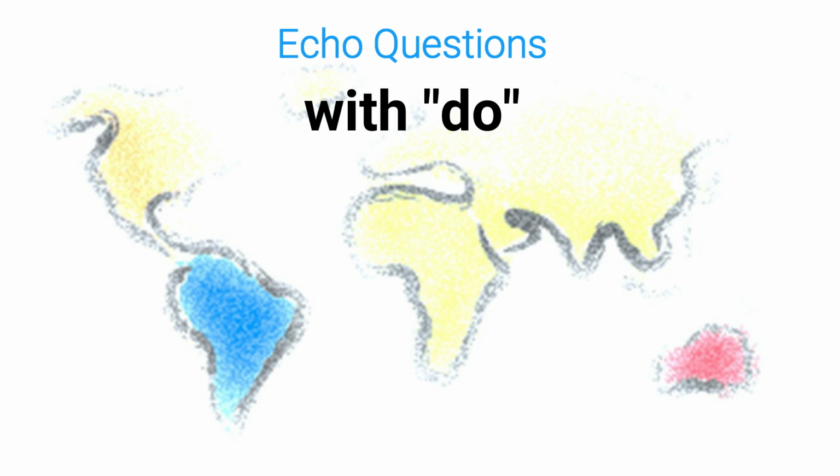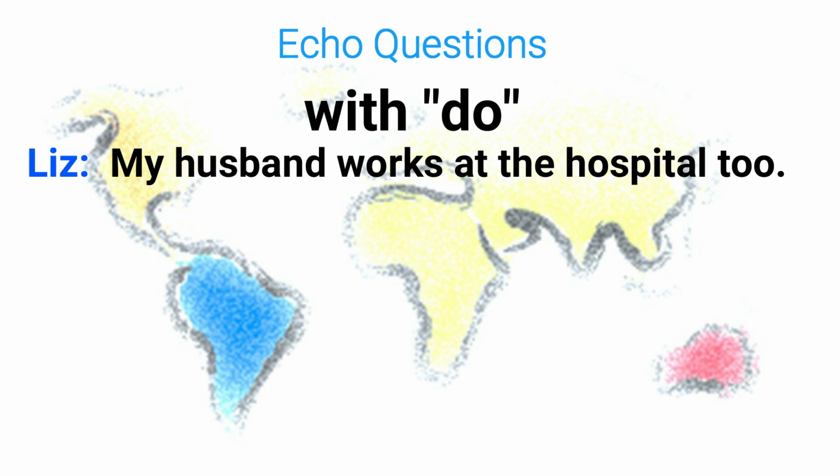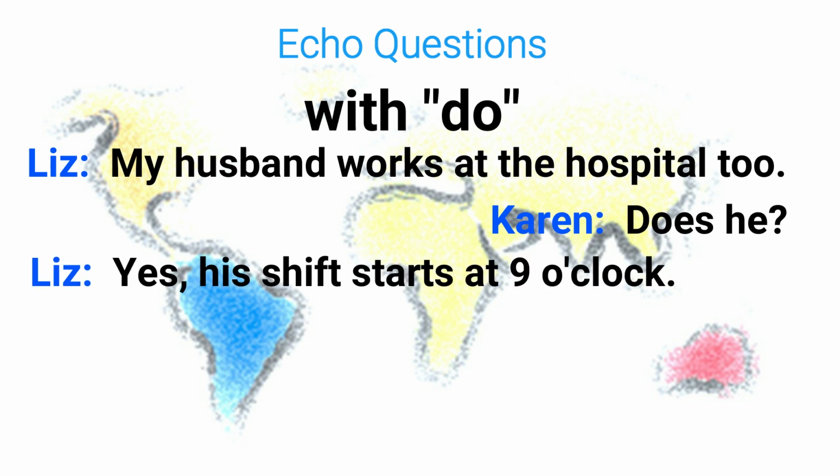These are sentences that have a verb conjugated for a subject but are not using the verb to be. For example, Liz says, "My husband works at the hospital too." Karen asks, "Does he?" "Yes, his shift starts at 9 o'clock." "Does it?"